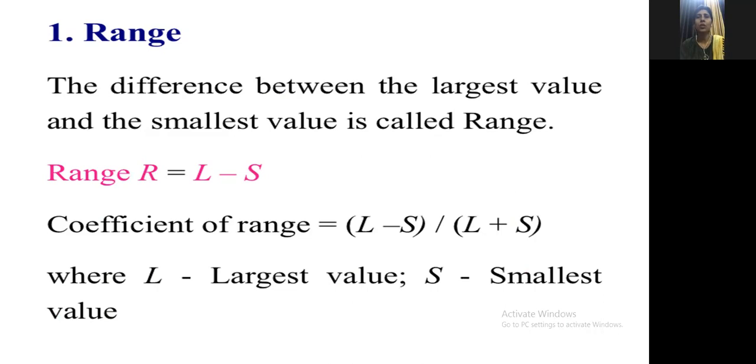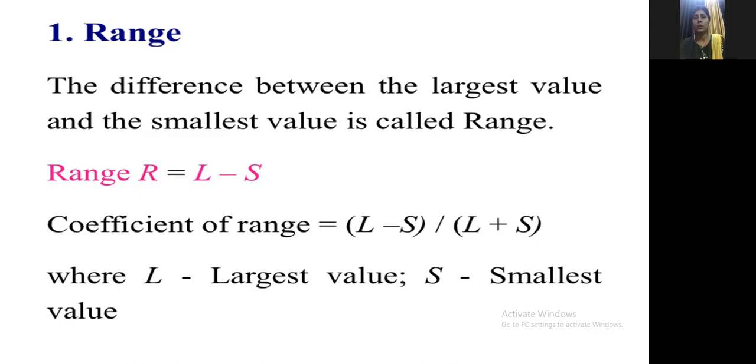By having the largest and the smallest value of the data, we can find the range, because the range is calculated as the difference of these two values. When we calculate the difference of the largest and the smallest value of the data, that gives you the range, from which value the variation starts in the data.